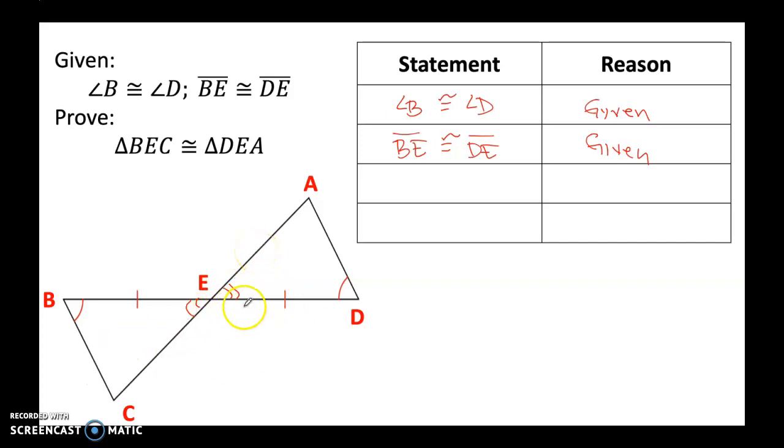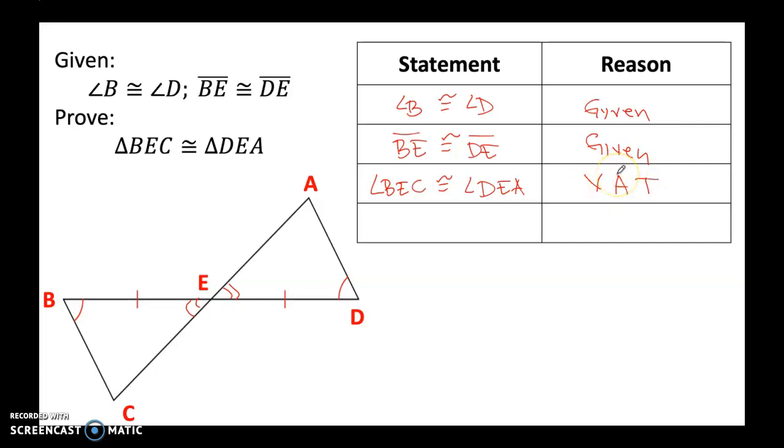Based on the illustration, angle BEC and angle AED are vertical angles. What is the relationship of vertical angles? Vertical angles are congruent using the vertical angle theorem. So we can say that angle BEC is congruent to angle DEA by the vertical angle theorem.